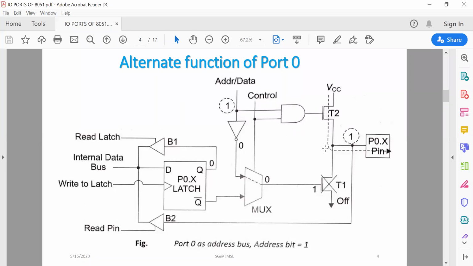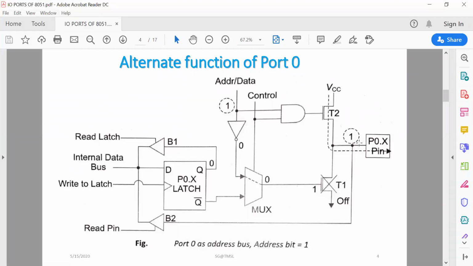Then the Q bar is connected to the gate through the multiplexer, and the data at the port pin will be transferred to the internal data bus in this way.